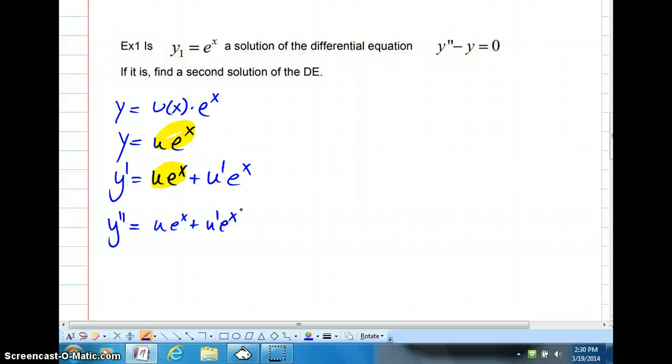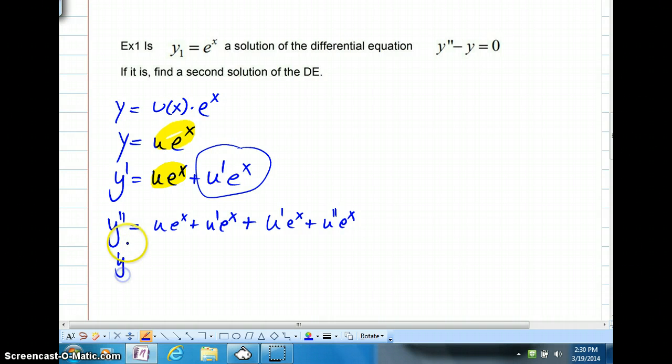Well, if I take my derivative of u prime e to the x, we need a product rule. So let's see, what would we get? U prime e to the x plus u double prime e to the x, or e to the x u double prime. Is that making sense?